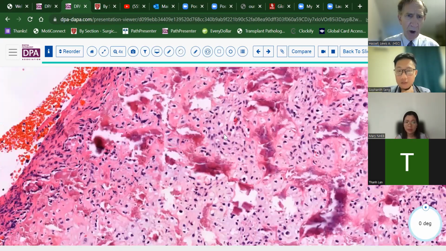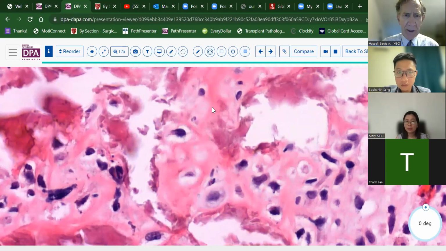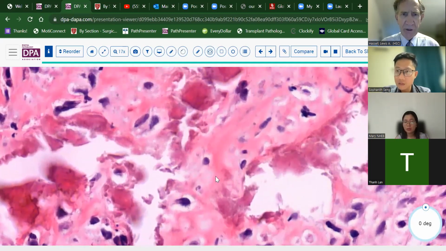So here's more of this kind of osteoid matrix. Unfortunately, with the digital slide, I can't do polarized light exam. But this is one situation where using polarization lenses on your microscope can very nicely illustrate the lamellar positivity to the osteoid.